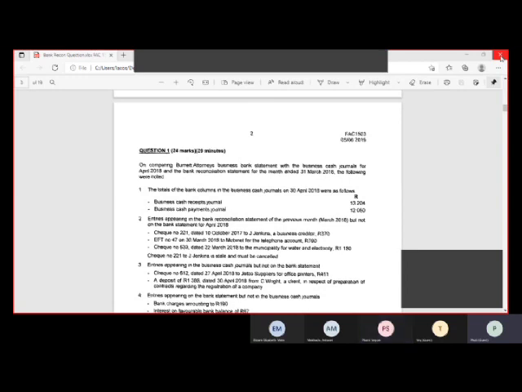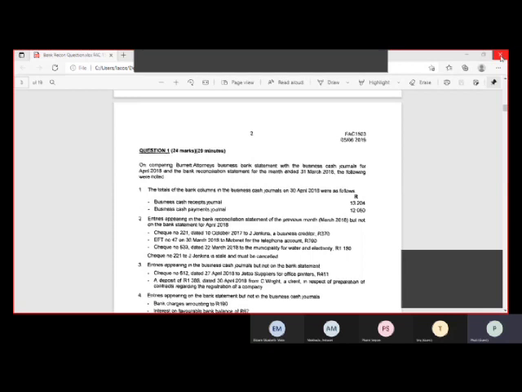Pumi, do you want to tell me why you want to take it to the bank account? Pumi says that the totals under the bank columns on the cash receipts and cash payments will just go as an opening balance under the bank account, CRJ and CPJ. And how do I record that, Pumi?